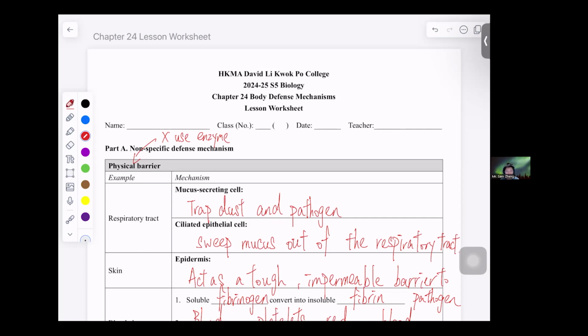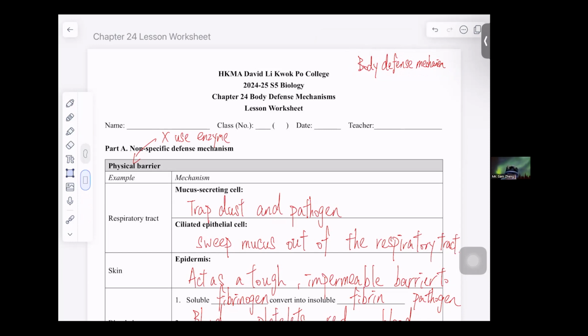Now, in previous lessons, we will notice that our body defense mechanism separates into two parts. Okay, so please copy it down for your reference.